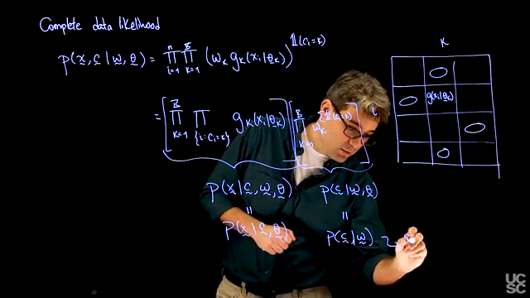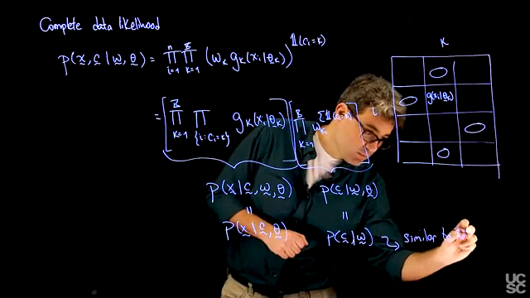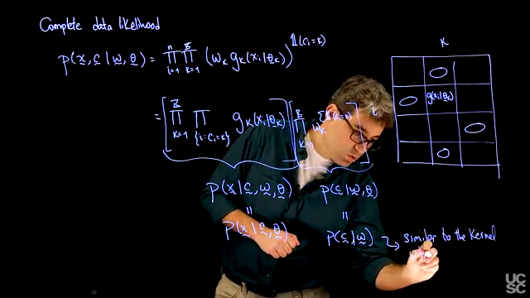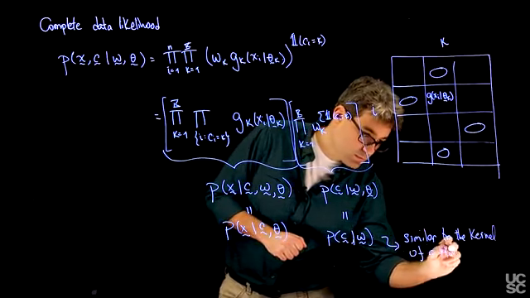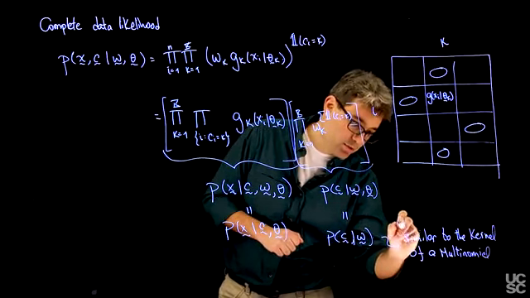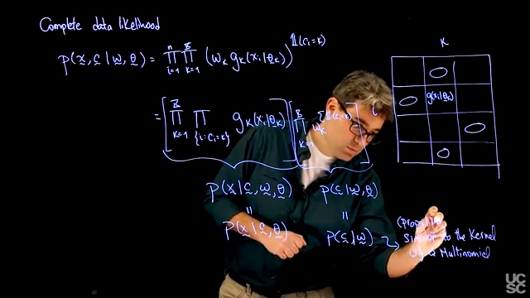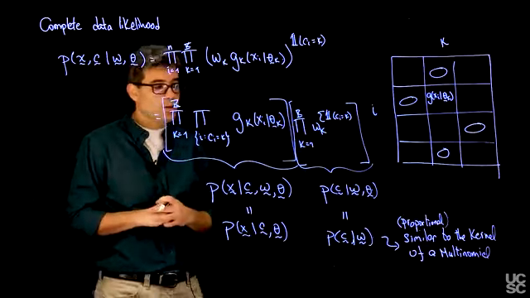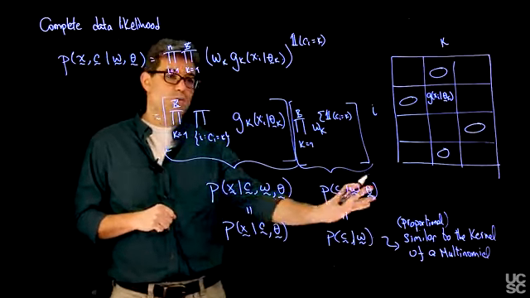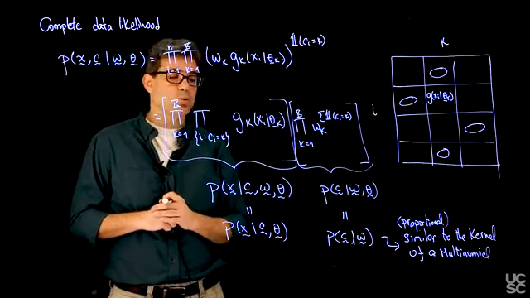So this is similar to the kernel of a multinomial. And in particular, it's not only similar, but it's proportional to it. So it will be particularly useful in terms of deriving the algorithm using the fact that this looks like a multinomial distribution.